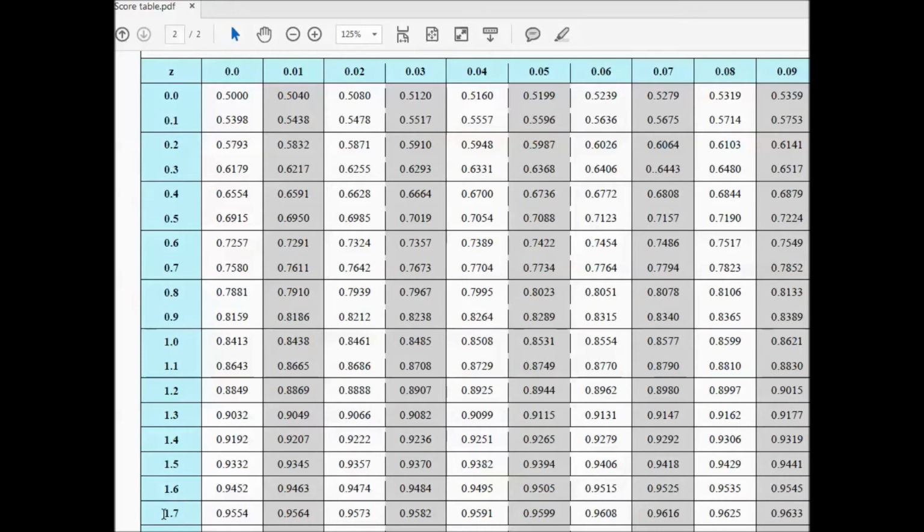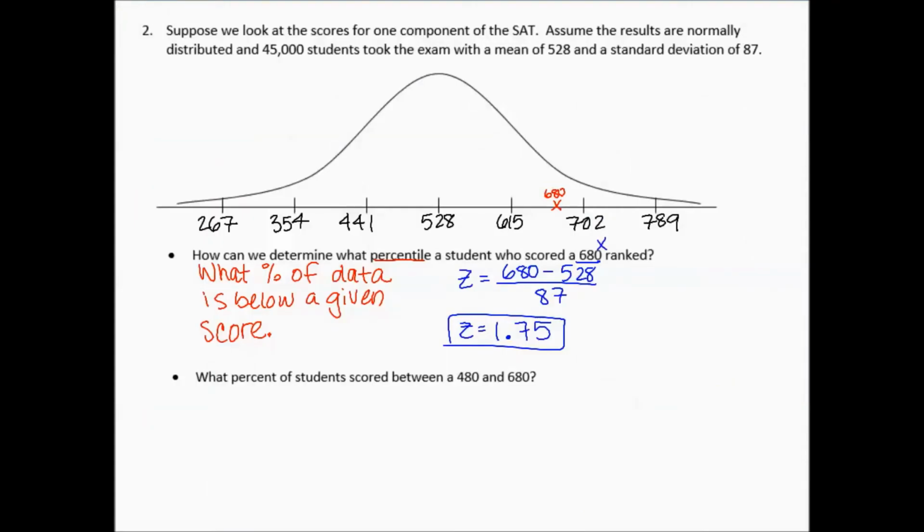So that means we are looking up the z-score that is 1.75. So the table gives us the number 0.9599. So let's write that down. So our table value is 0.9599.